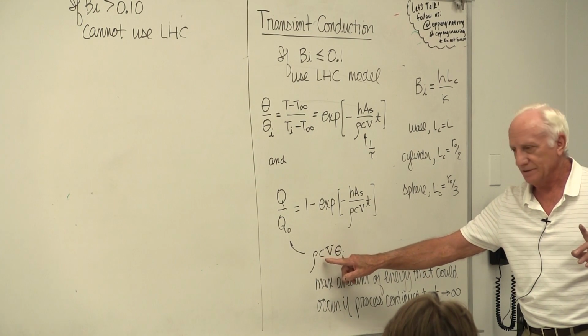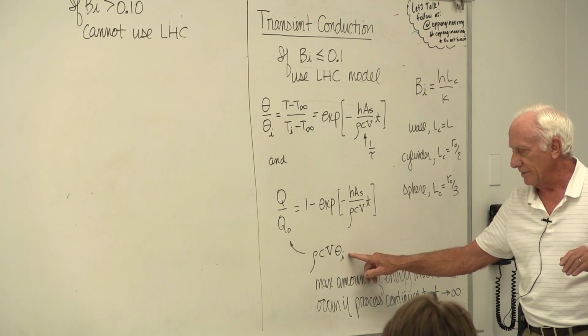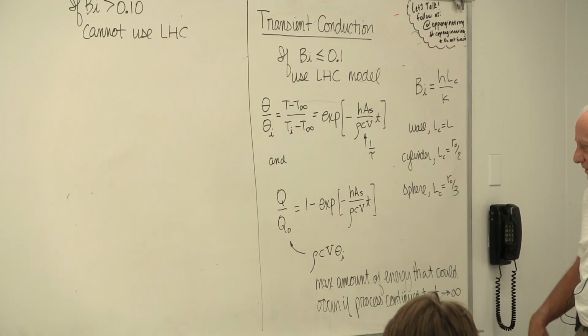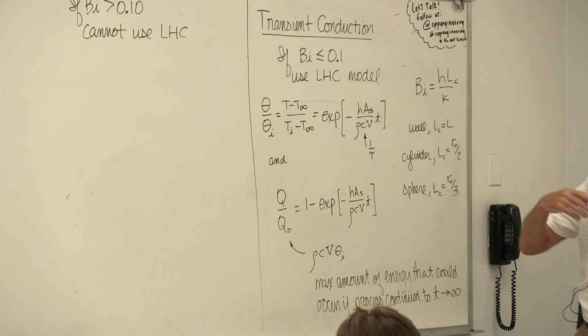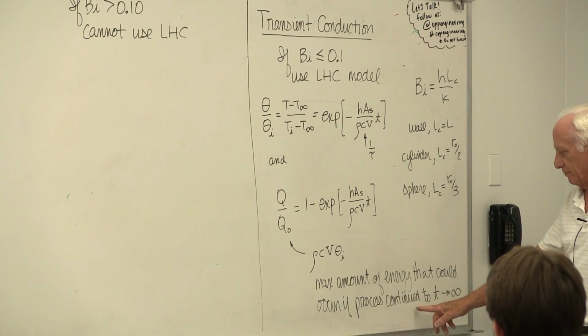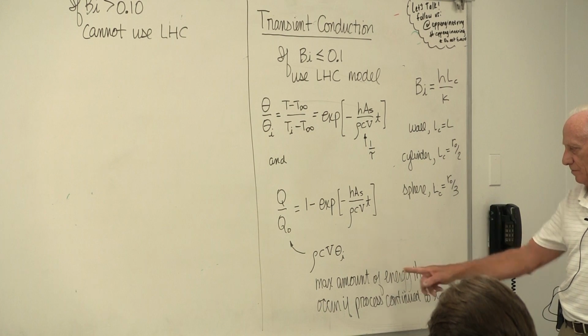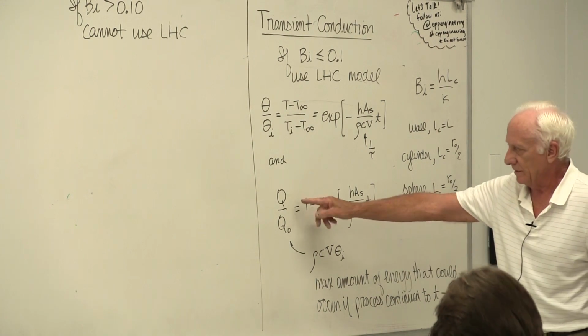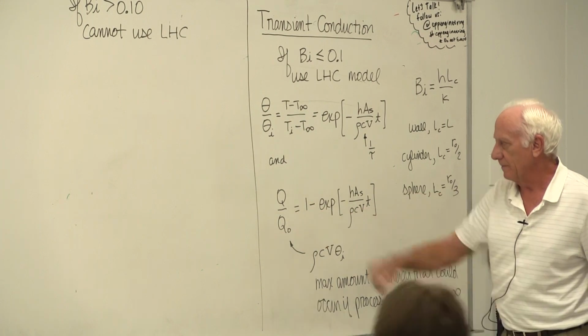So this is just mass times C times change in temperature, T initial minus T infinity. One way to interpret Q_0 is the maximum amount of energy that could be transferred if the process continued all the way out to t approaching infinity. So it's a ratio: the actual amount of energy divided by the maximum amount of energy.